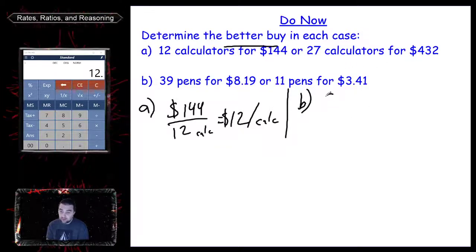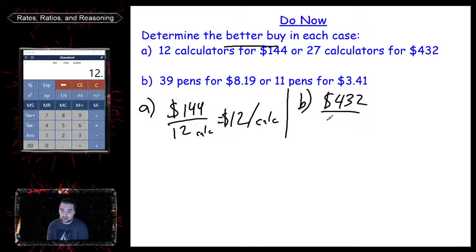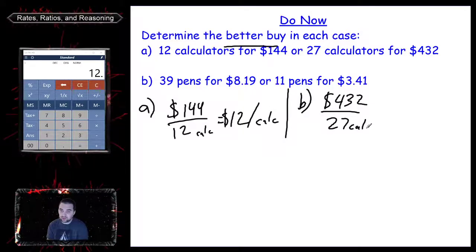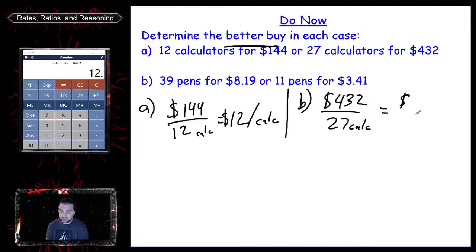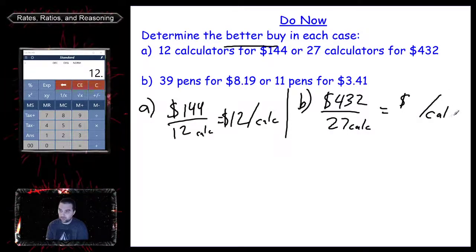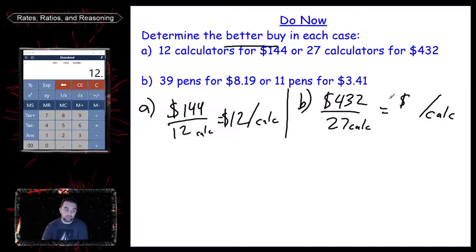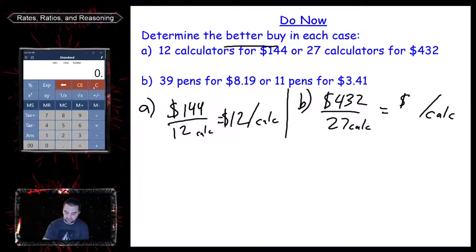And here we have $432 for 27 calculators. Now, what does that mean? Before I mess this up, I'm going to remember that it's some amount of dollars per one calculator. I'm getting my unit rates. So for every one calculator, it's going to cost however much that is.